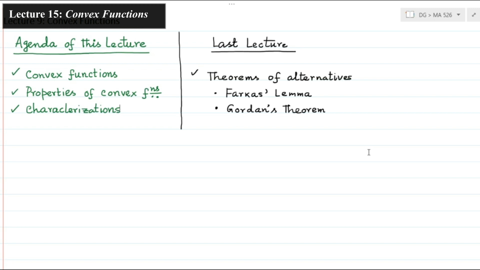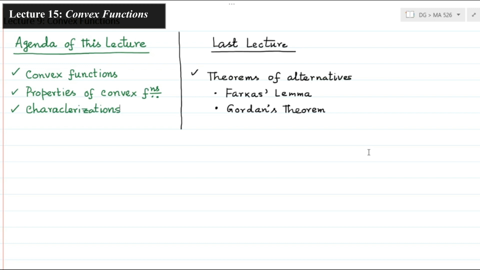So let's start our class with the definition of convex functions. Before getting into the definition, let me say a few words on why convex functions, and optimization problems involving them, are important. The objective function of a convex optimization problem, which is obviously a convex function, has three fascinating properties.